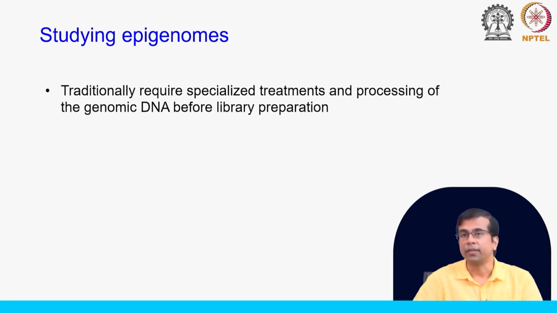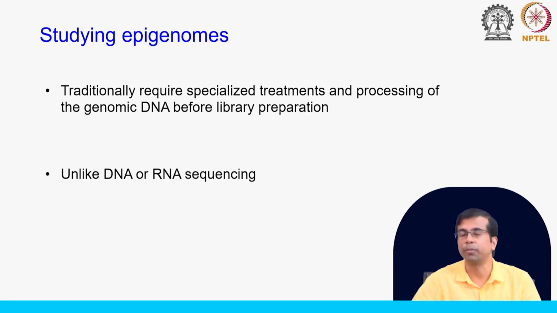For epigenomic studies, the DNA has to be treated chemically with different chemicals. This is something we will discuss again, and it adds to the complexity of the whole process. Unlike DNA or RNA processing, which still have experimental steps but simple ones, epigenomic studies require specialized treatments, which means we need to have controls.